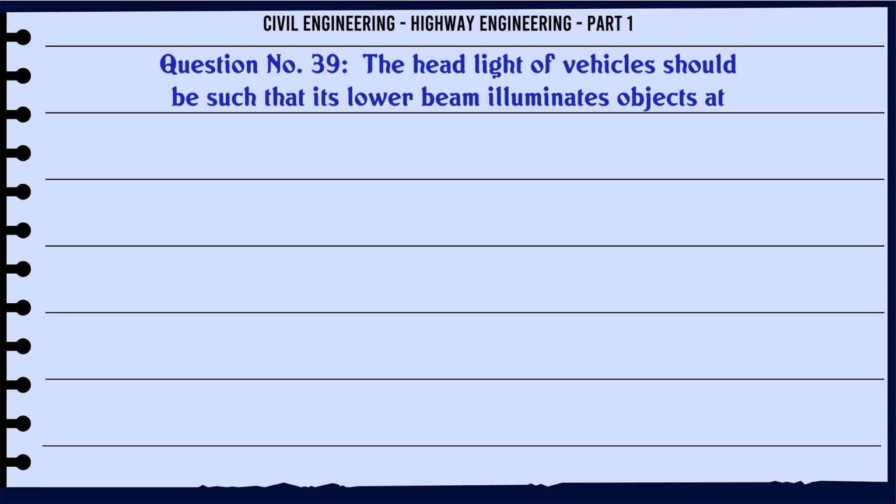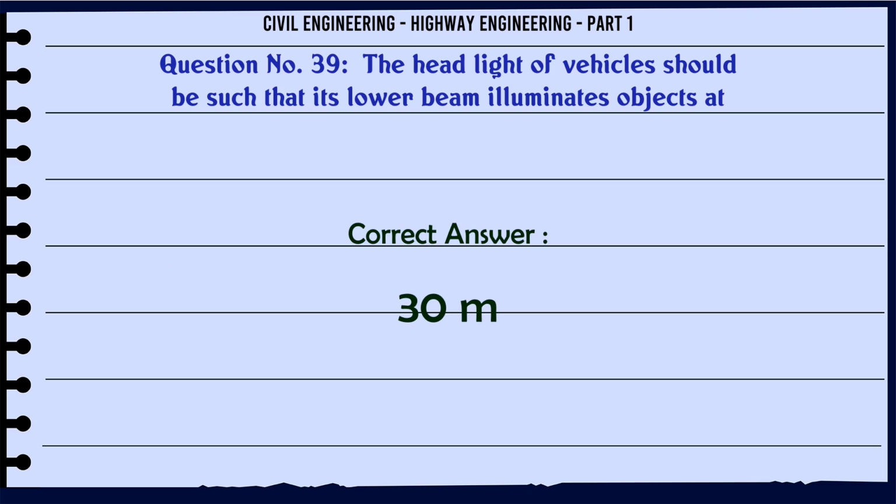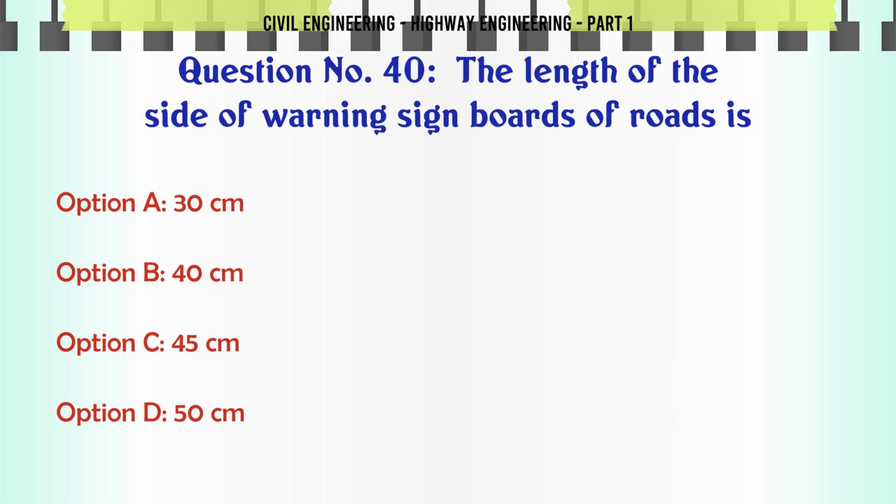The headlight of vehicles should be such that its lower beam illuminates objects at: A, 10 m; B, 20 m; C, 30 m; D, 40 m. The correct answer is 30 m. The length of the side of warning sign boards of roads is: A, 30 centimeters; B, 40 centimeters; C, 45 centimeters; D, 50 centimeters.